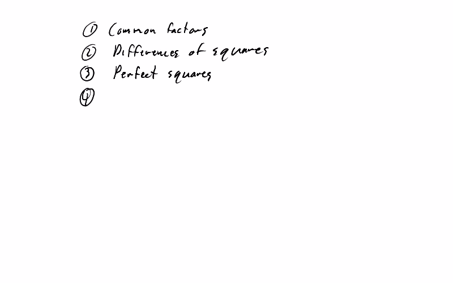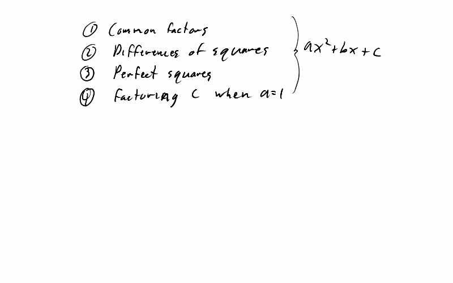The fourth method we looked at is factoring C when A is 1. And for all of these, we're assuming that we have a quadratic expression in the form ax squared plus bx plus c.